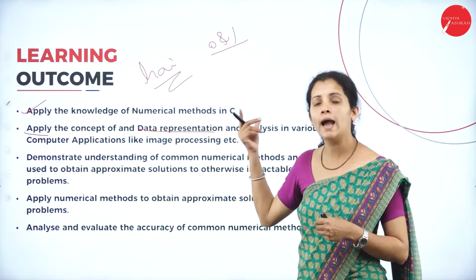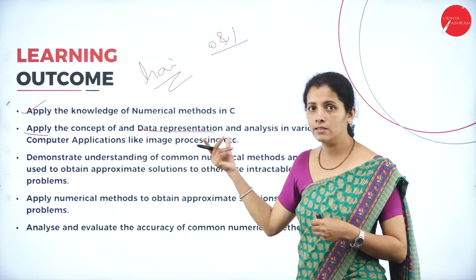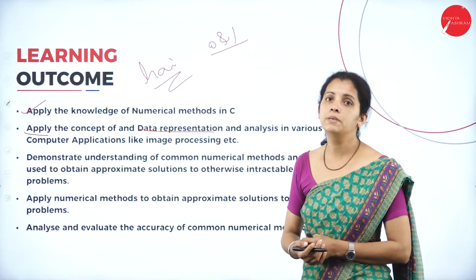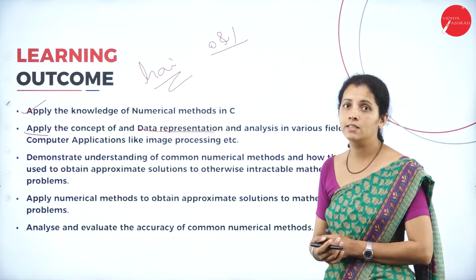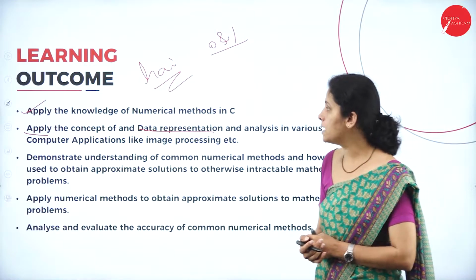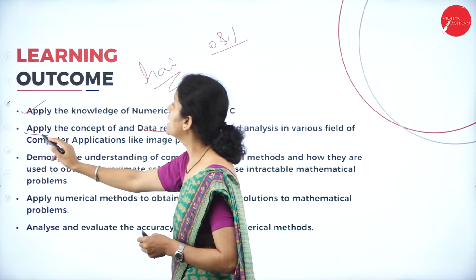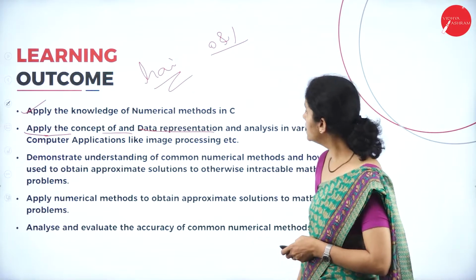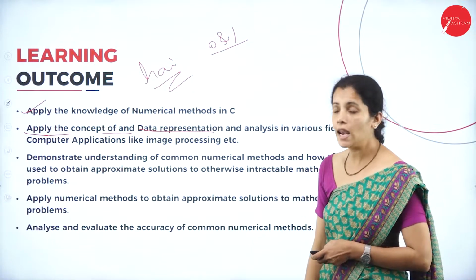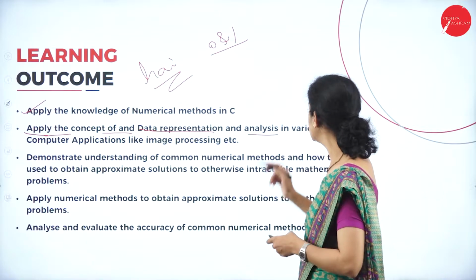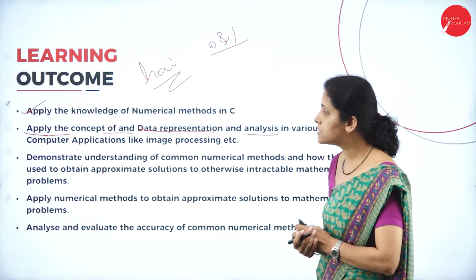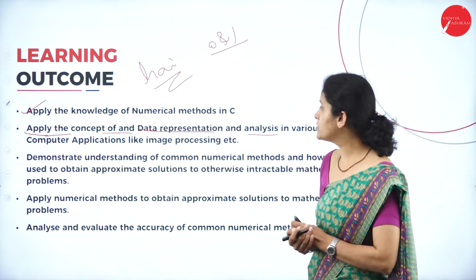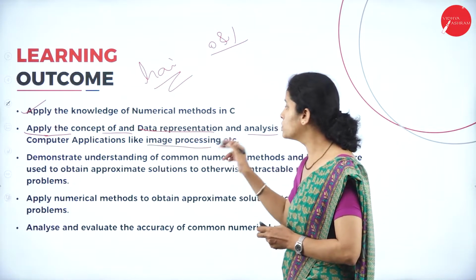So here we have the binary number system, octal number system, decimal number system, hexadecimal number system, etc. So here we can apply the concept of data representation along with analysis in various fields of computer applications like image processing.